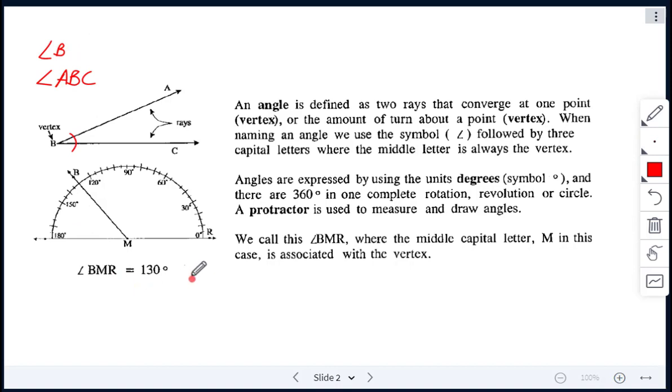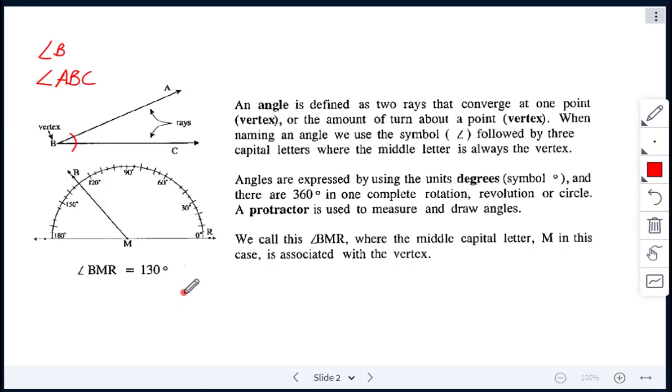Angles are expressed using the units degrees, with the symbol, the little circle as a superscript. For example, in a circle, one complete rotation or revolution is 360 degrees. Here we see a protractor. This is being used to measure and draw angles.